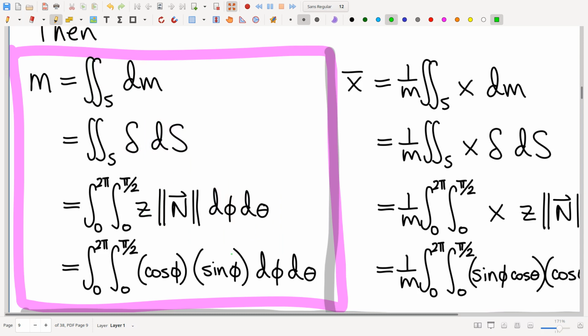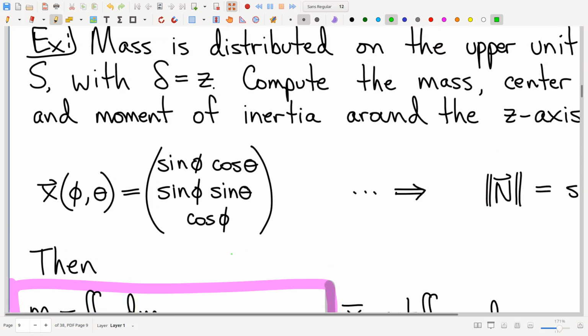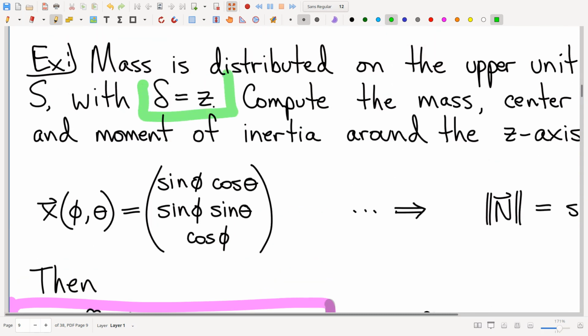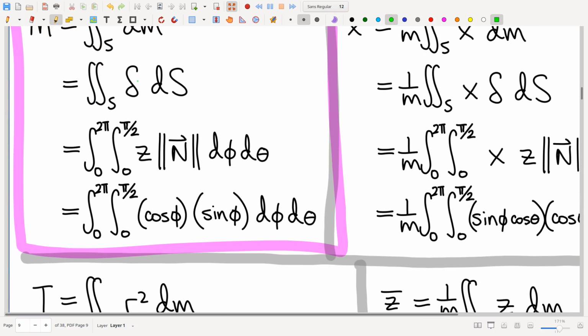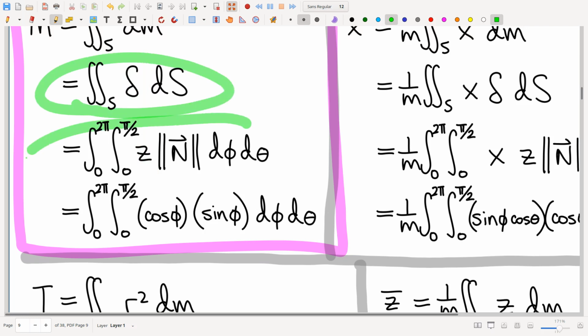By the way, we were just flat given that density was z. So we plug that in right there. So pulling back through the parameterization turns our scalar surface integral into this iterated integral in the phi theta plane, and now it's just a matter of plug and chug.